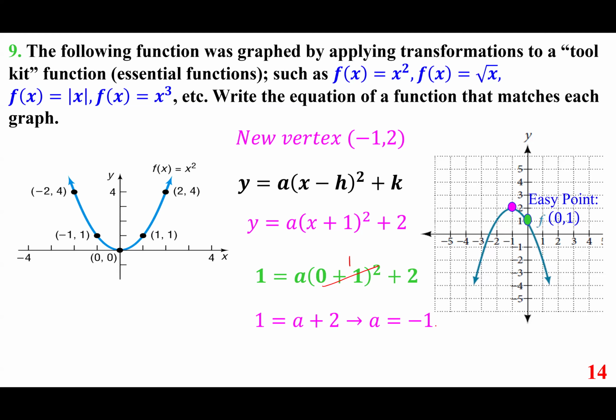And all you have to do is replace this here, and the function is y equals minus parentheses x plus 1 squared plus 2. And I'm sure everybody remembers dealing with parabolas from before. When a is negative, it opens down. So you can easily figure it out in this way.